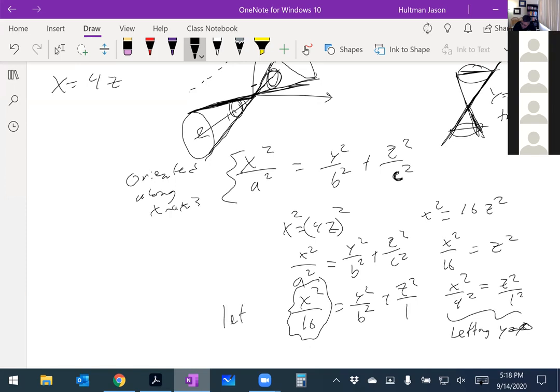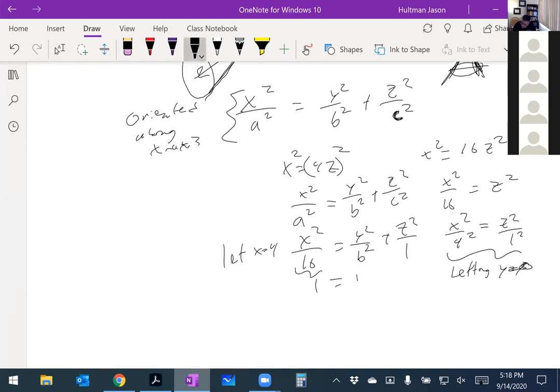Let's let x squared over 16 equal 1, because then I just get the equation of an ellipse, right? So let x equal 4, because then this whole thing goes to 1, and I'm just left with 1 equals y squared over b squared plus z squared over 1.